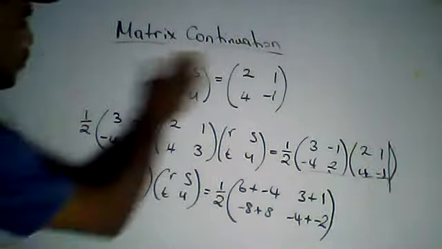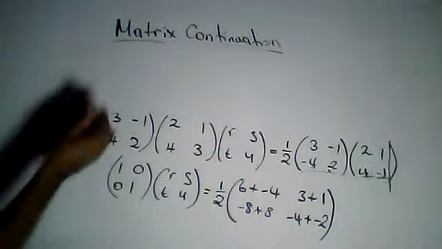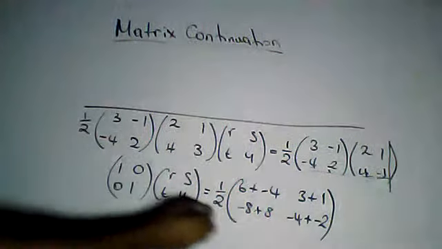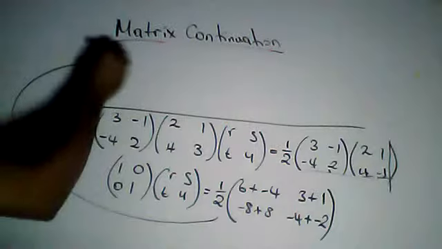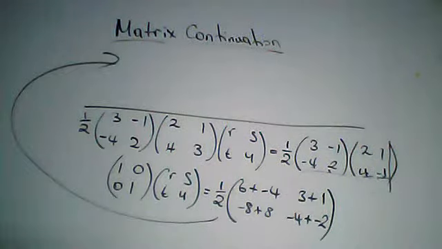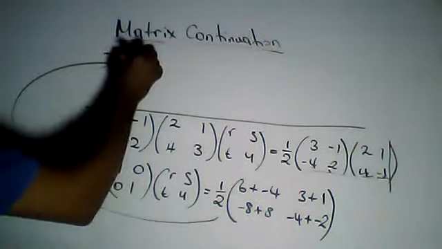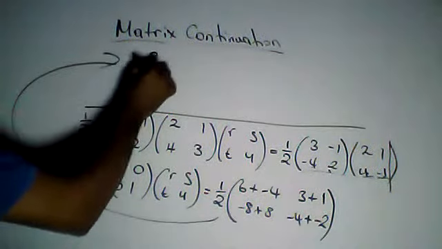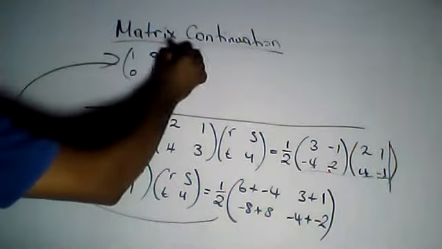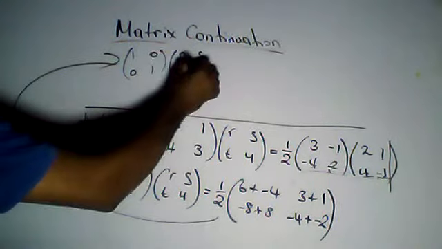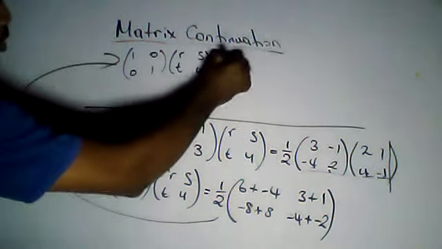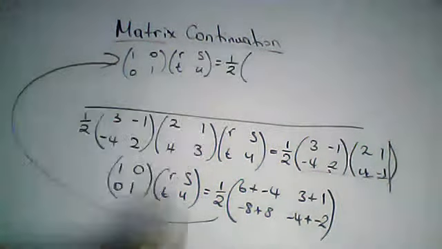I'm going to continue up here. So all of this, I'm going to bring it up here. So what I'm going to have, I could just rewrite this 1, 0, 0, 1, R S T U equals half open bracket.